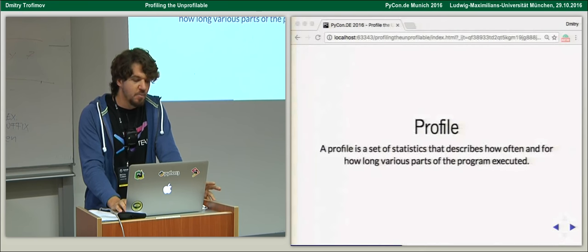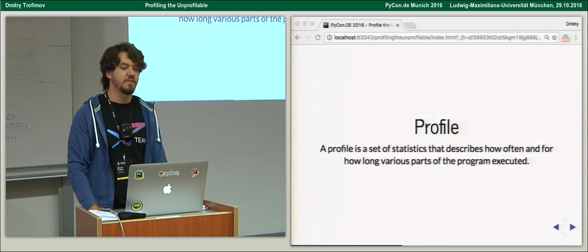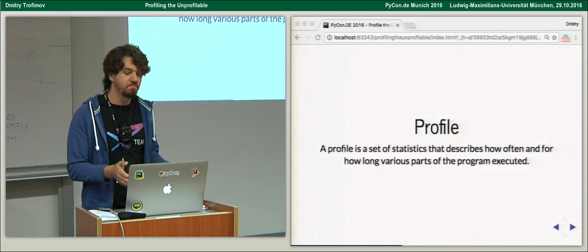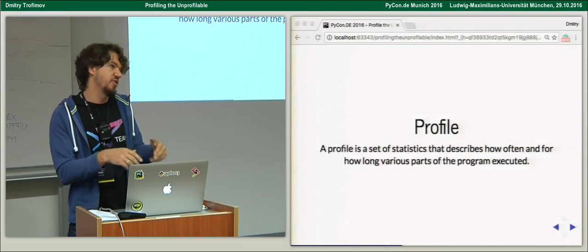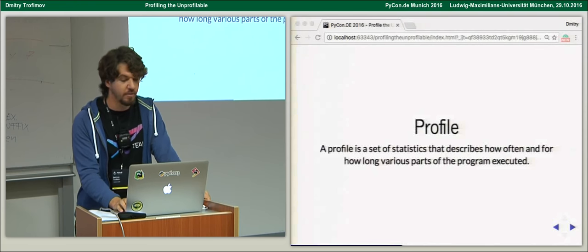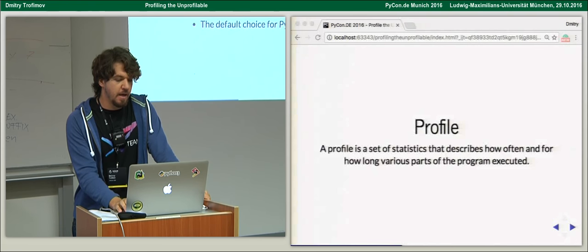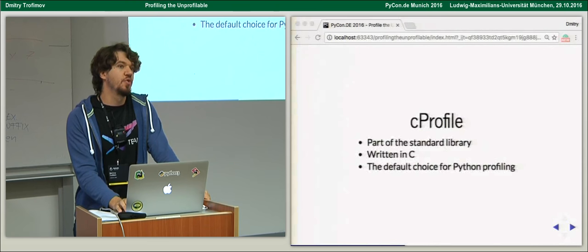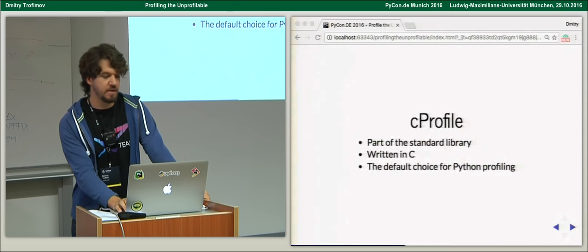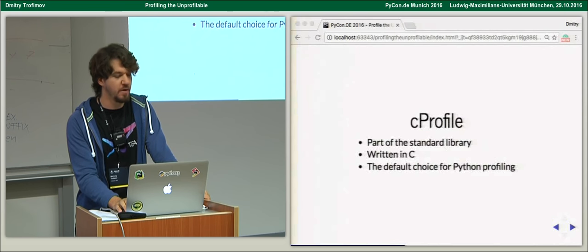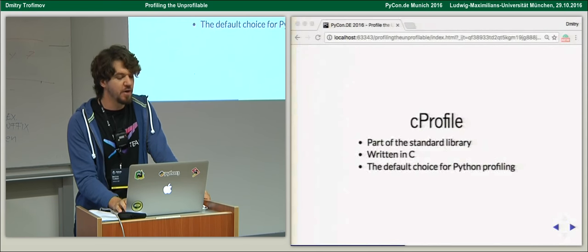A profile is just a set of statistics that describes how often and for how long the various parts of the program run. And the most obvious choice to profile things in Python is, of course, cProfile, because it is part of the standard library.